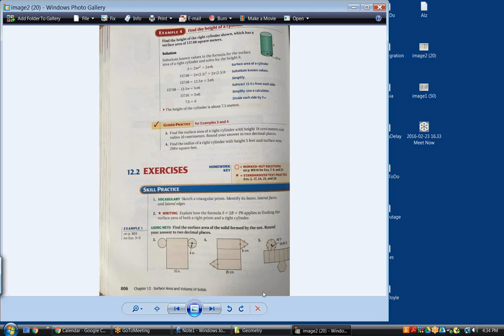All right, let's see. Do we have anything specific on here that you want to talk about? Let me look real quick. Tell you what, let's talk about the volume or surface area of a right cylinder.